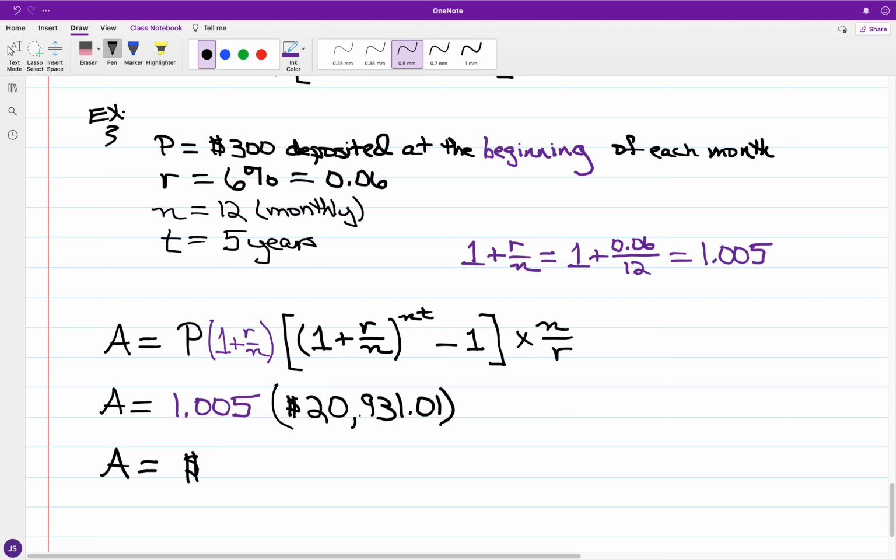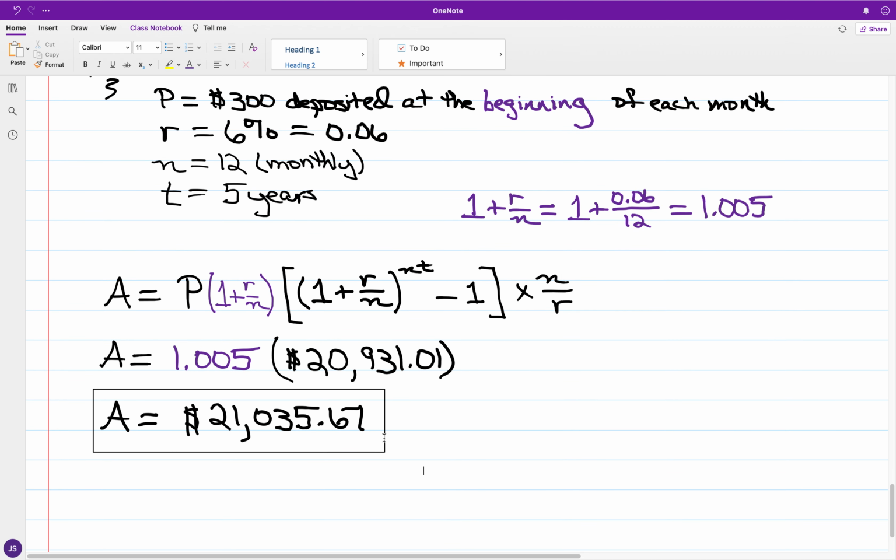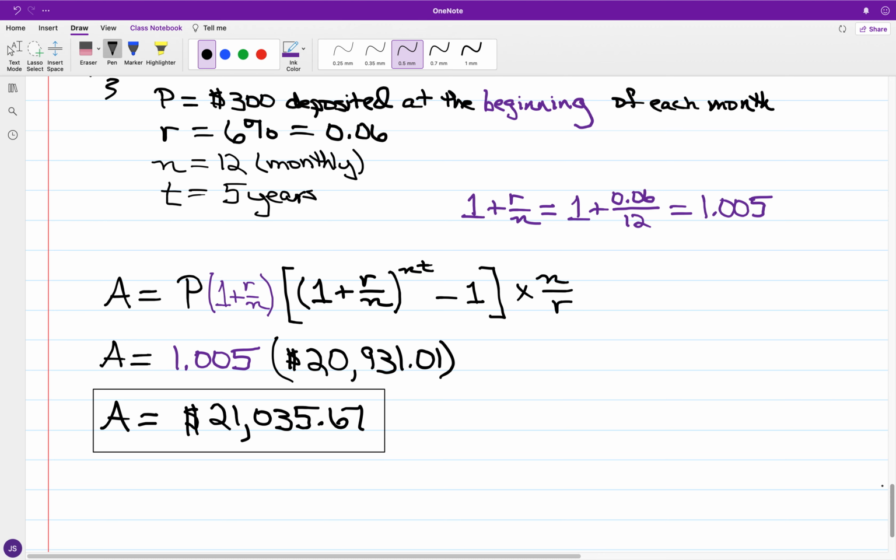So we have the minimum, 20,931.01, and the theoretical maximum is right at $21,035.67. So about a $104 or so difference.